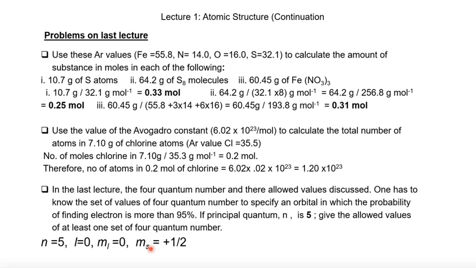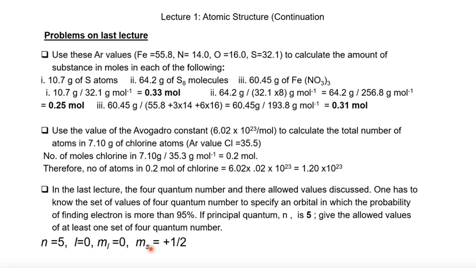As usual, we find out the molar mass of sulfur, then S8 molecules, and iron nitrate. Then we simply divide the grams given to us by the molar mass, and we get the number of moles.